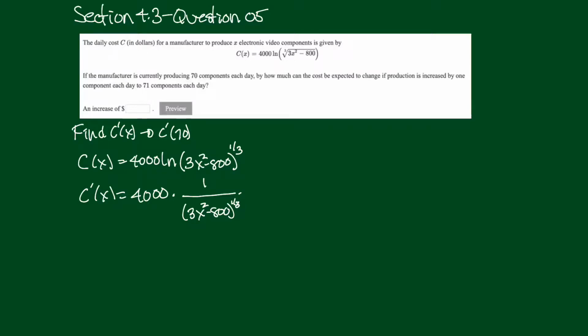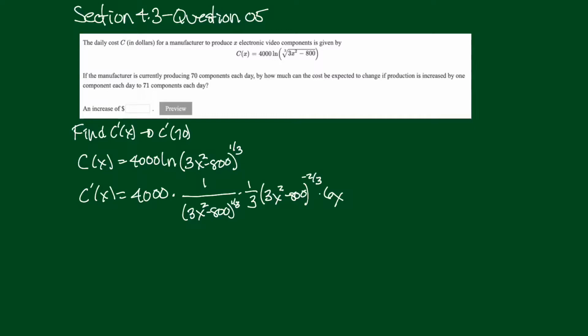Well, this is a power, so we're going to bring the exponent down as a multiplier, 1/3, and then this is the derivative of the outside, right? 1/3, 3x squared minus 800, decreased by 1. Now, 1/3 minus 1 is negative 2/3, times the derivative of the inside, right? Remember, we got a power inside and outside, so here's the derivative of the outside. Now the derivative of the inside is, okay, here's the inside. I think we just get 6x.